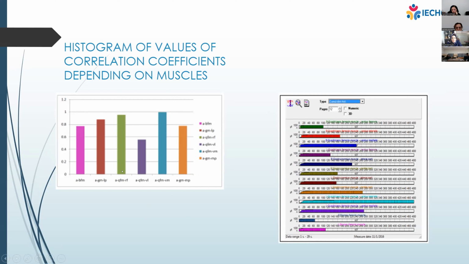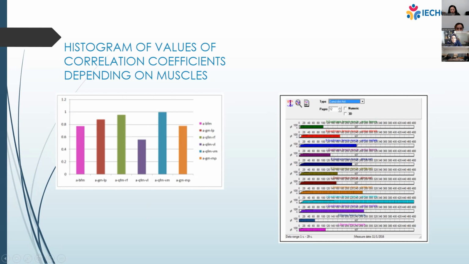And this result shows that it is a better approach to compare the correlation coefficient for paired muscles than to compare results separately.